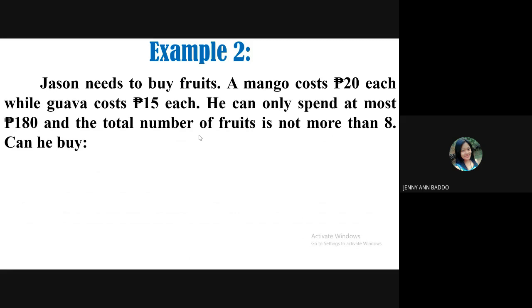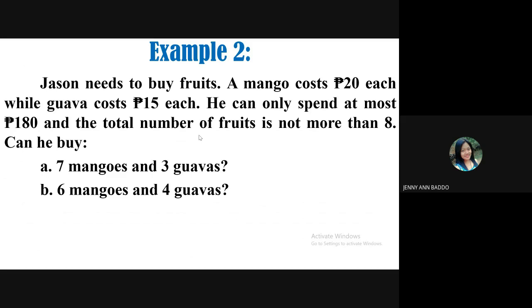Can he buy A. 7 mangoes and 3 guavas? B. 6 mangoes and 4 guavas? To answer those questions, we have to first represent and find the system of linear inequalities applicable to the given problem.